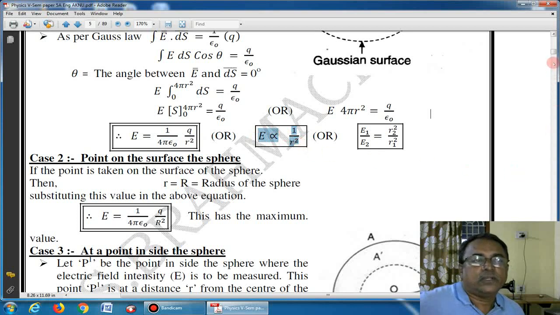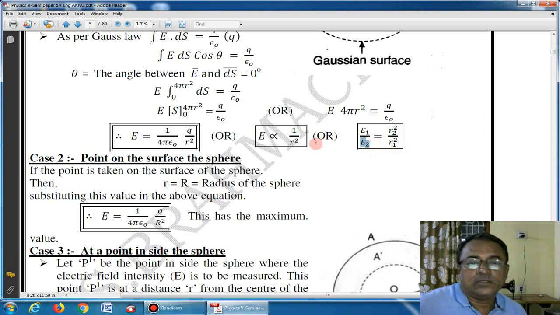Suppose we want to measure electric field intensity at two different points. These two different points are at distances r1 and r2 from the center of the sphere. Then the electric field intensity at those points are E1 and say E2. Then E1 by E2 is equal to r2 square by r1 square.